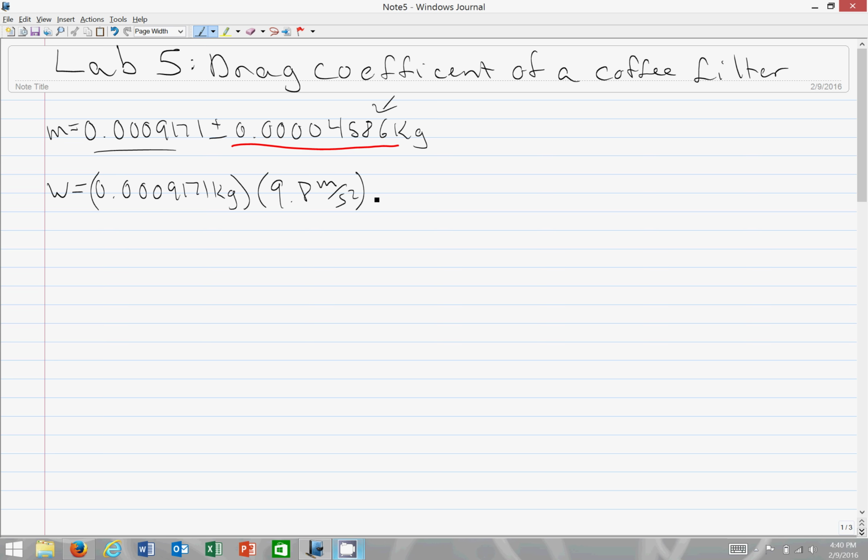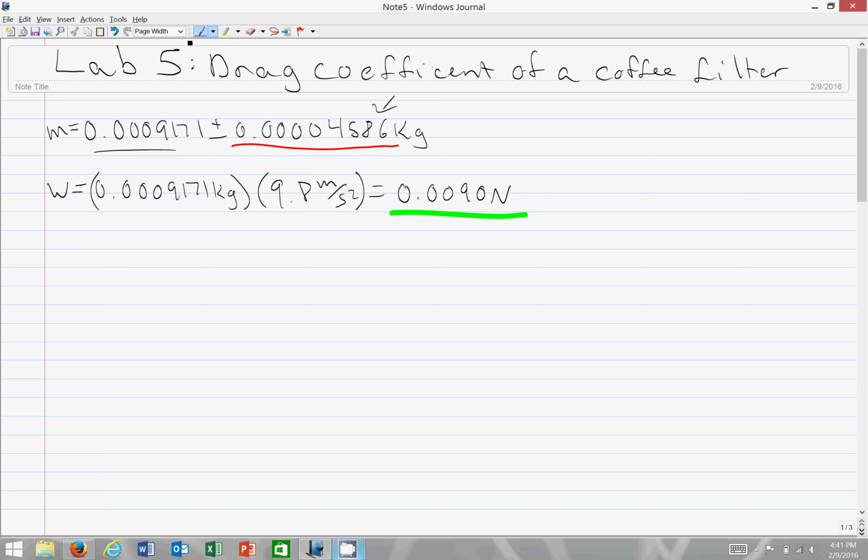If I do the math on that, I get that my weight is going to be 0.0090 newtons. Now what we have to do is find the uncertainty associated with that number.